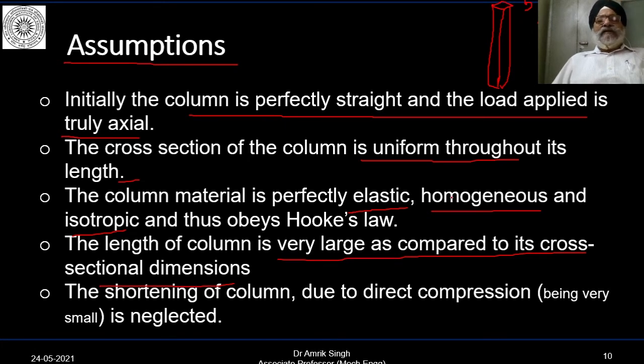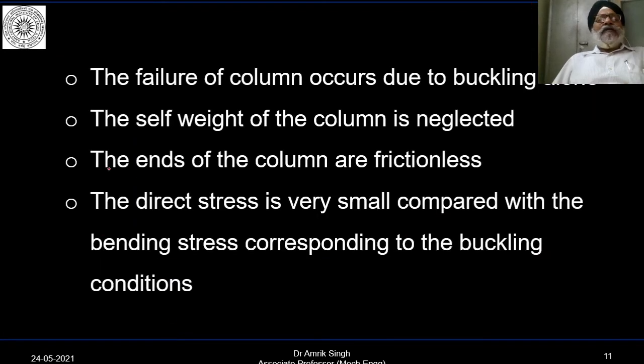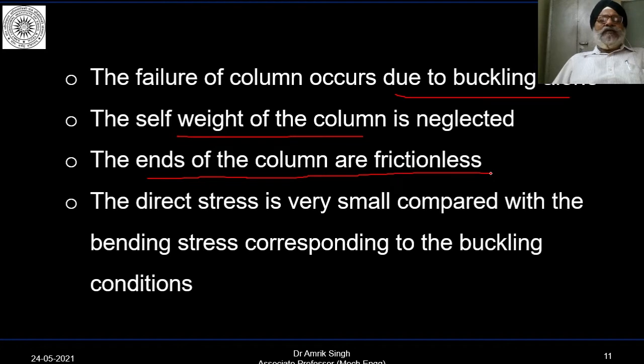So this condition is fulfilled. The shortening of the column due to the direct compression is neglected. The failure of the column occurs due to buckling alone. The self weight of the column is neglected. The ends of the column are frictionless. The direct stress is very small as compared with the bending stress corresponding to the buckling condition.